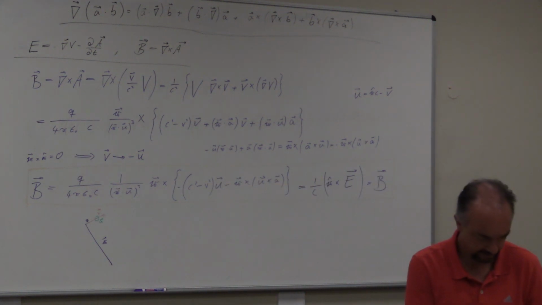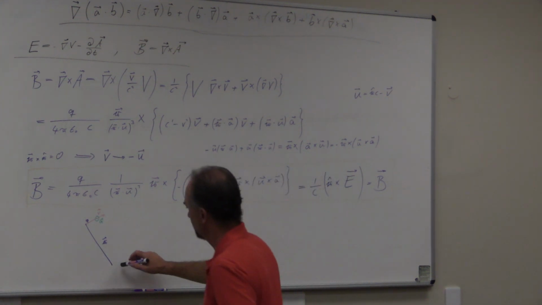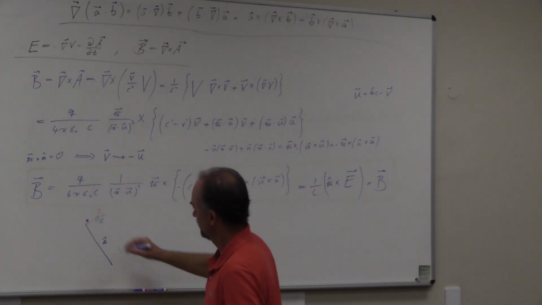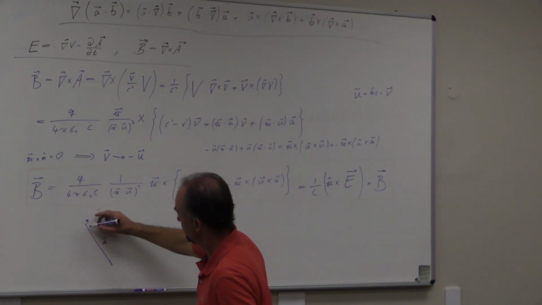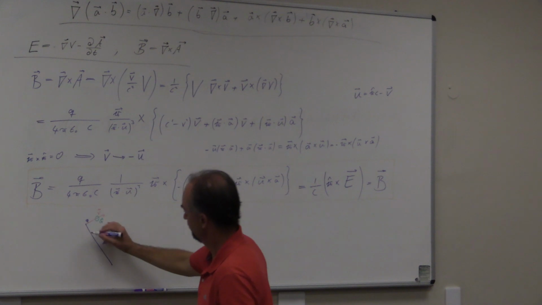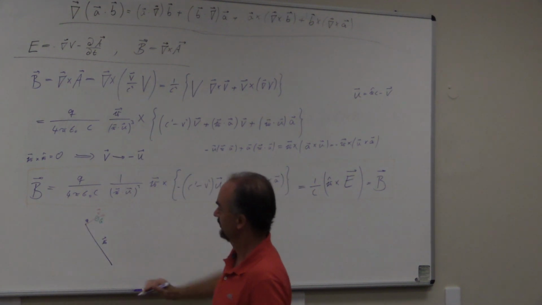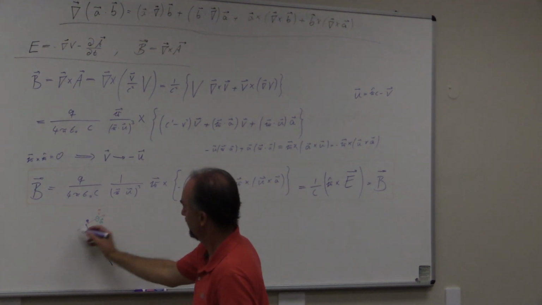Then, well, the vector U is unit vector c. So U goes somewhere in this direction, minus v. So the vector U is somewhere in the plane of the board and goes somewhere minus v.